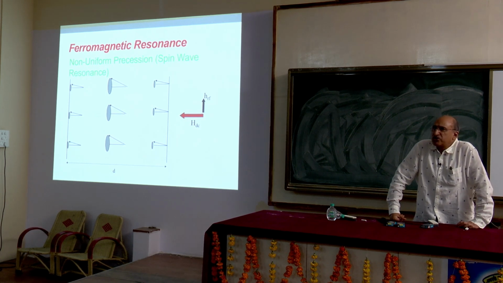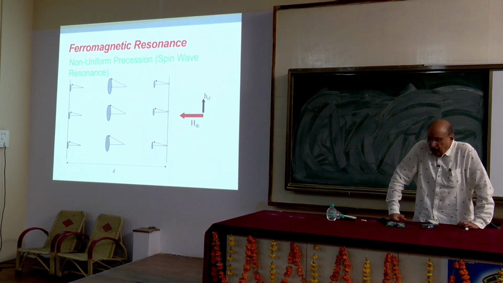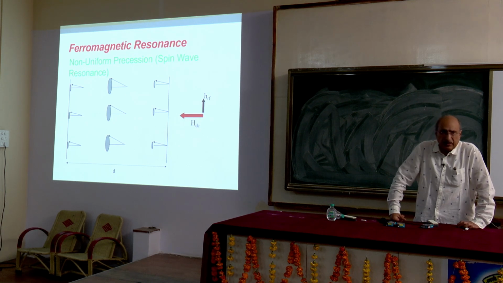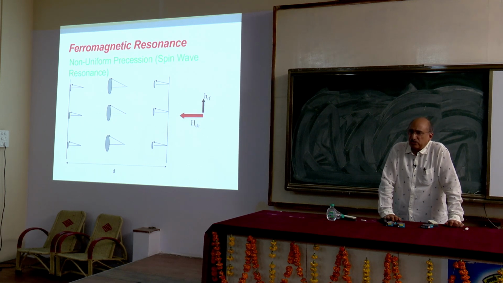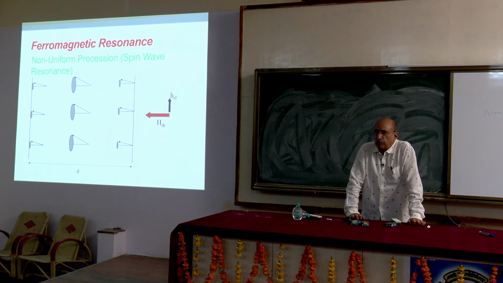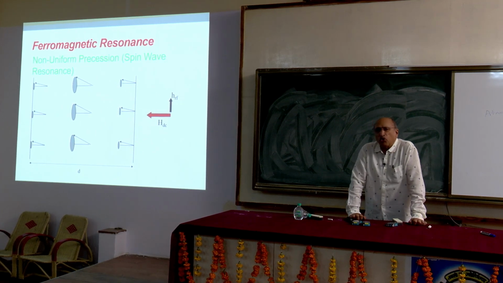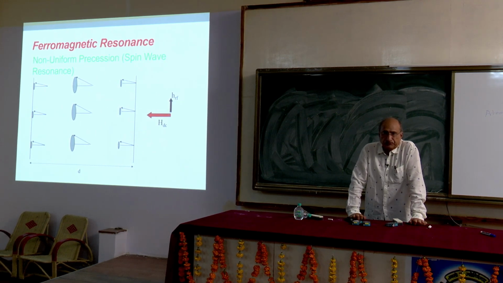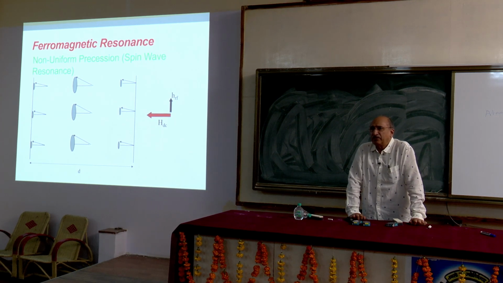Originally, in fact, Kittel was one of the first persons who worked quite a bit on the theory of this particular resonance, the famous Kittel of the Kittel's solid state physics book series. This is also called spin wave resonance. All right, spin wave resonance in the language of resonance is normally a non-uniform precession FMR.